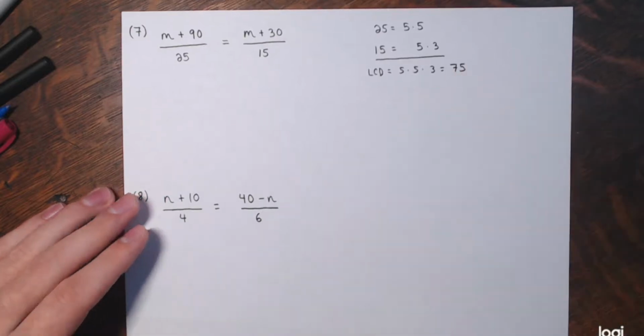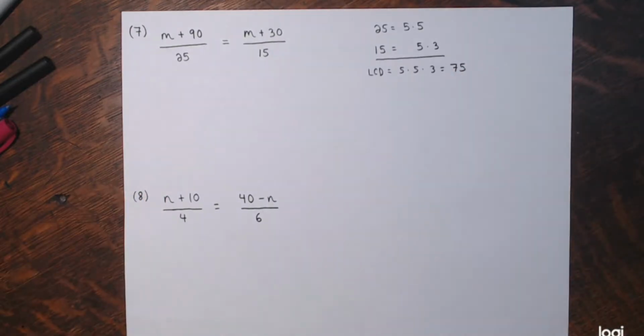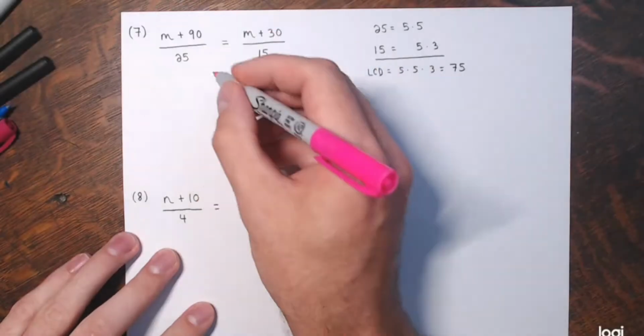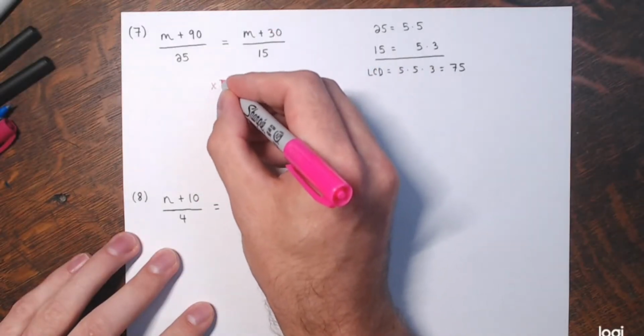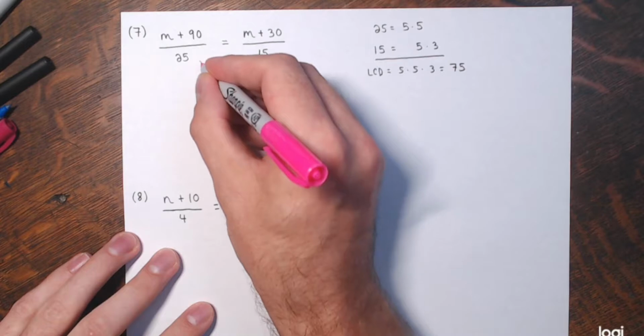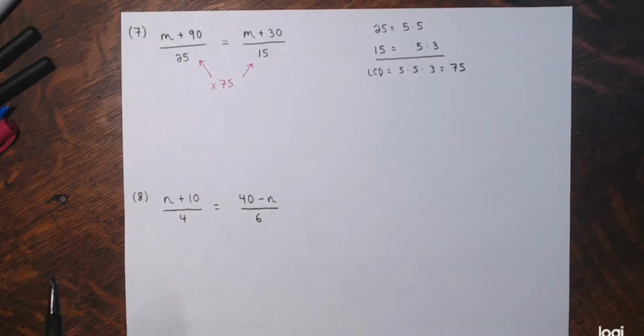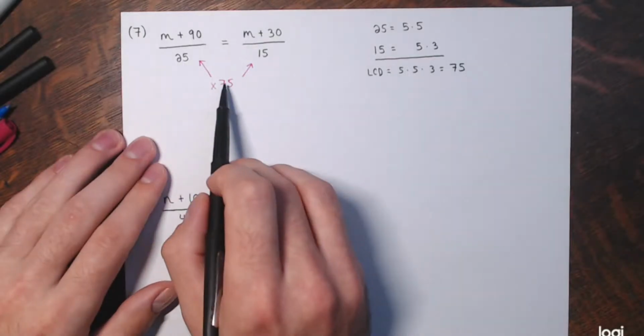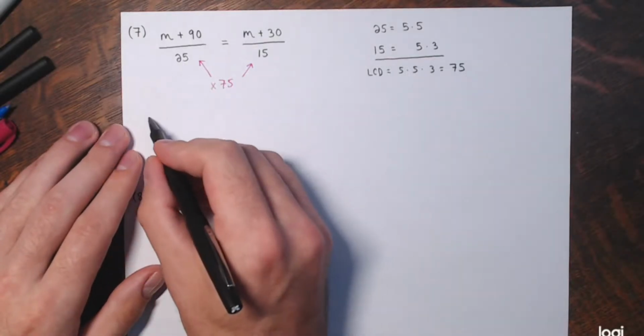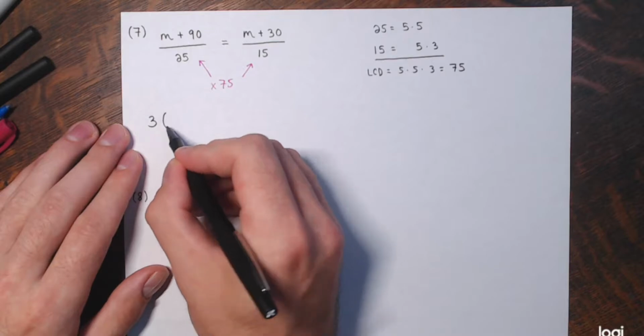Okay. So I'm multiplying both sides by 75. Let's put times 75 here on both fractions. Now 25 goes into 75 3 times, so I'd have a factor of 3 left over, and then you still have this numerator.